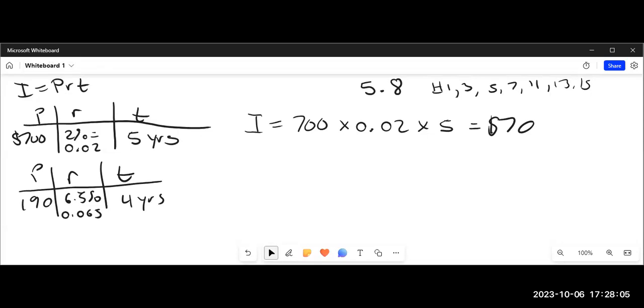So we have 190 times 0.065 times 4, and that's what I have here for my interest. This was $70. This is $49.40.